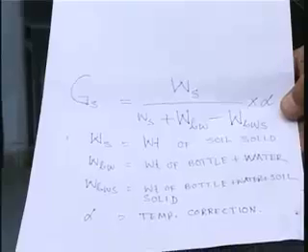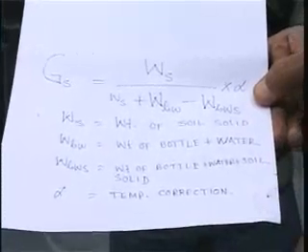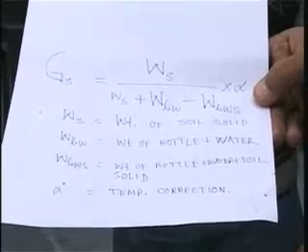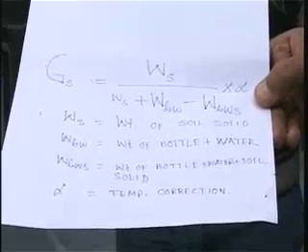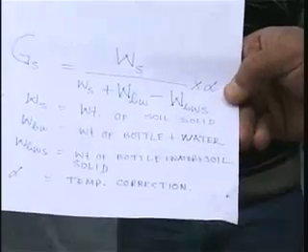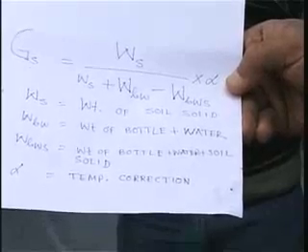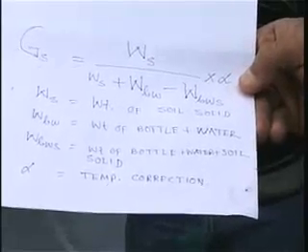This is the equation that we use for finding out the specific gravity of soil solids, which is given by W_S divided by W_S plus W_BW minus W_BWS, multiplied by a quantity alpha. The explanation of these different symbols is also there at the bottom.